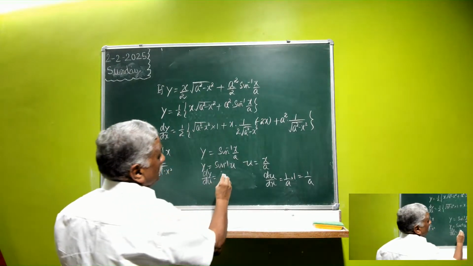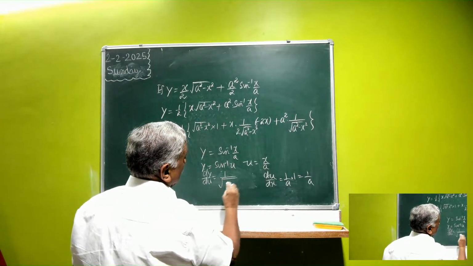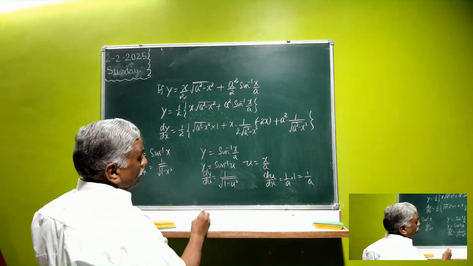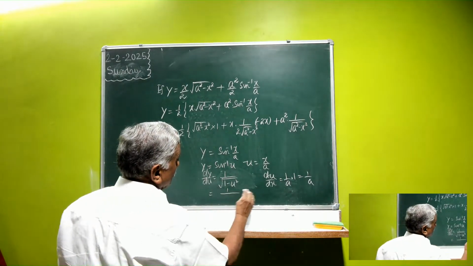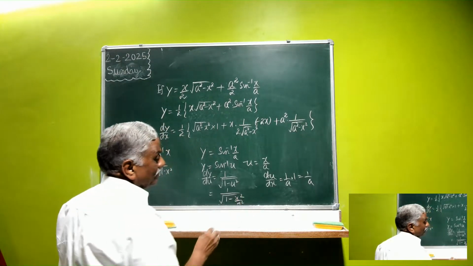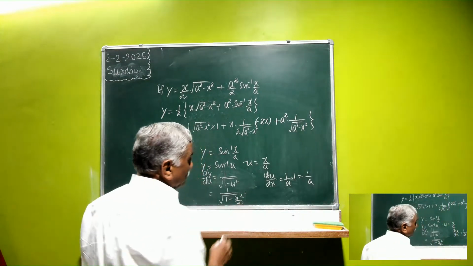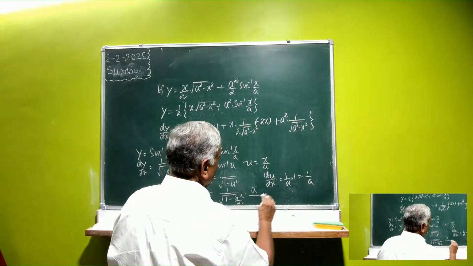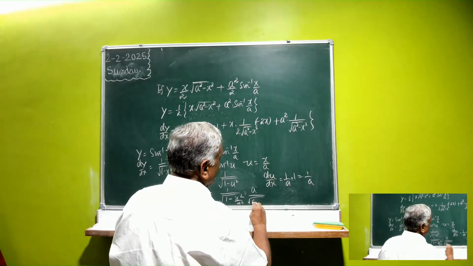So if you follow that, you get 1 over root of 1 minus u square. But what is u? u is x by a. 1 minus x square by a square. If you take the LCM, this a square will come to the numerator as a, and this is a square minus x square.